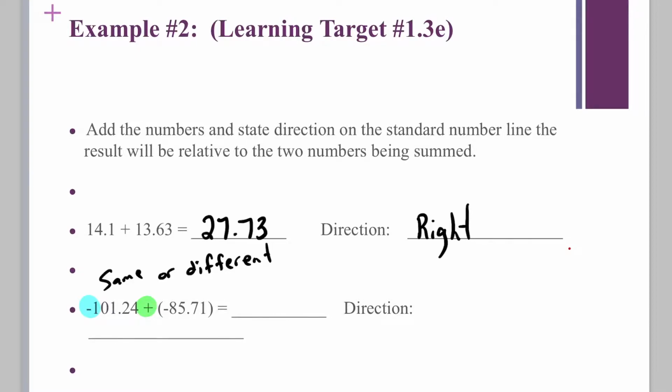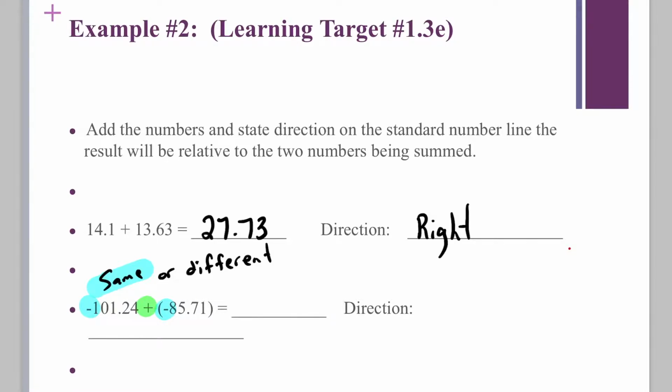But that positive is just representing the addition of the two. Inside the parentheses, notice that we have a negative 85.71. So we have a negative 101.24 and a negative 85.71, the same signs being added.